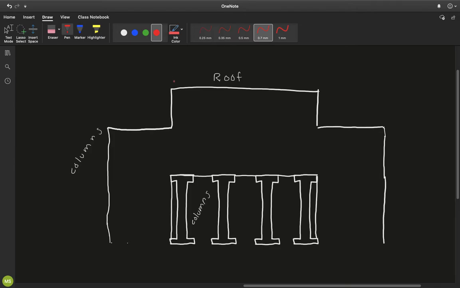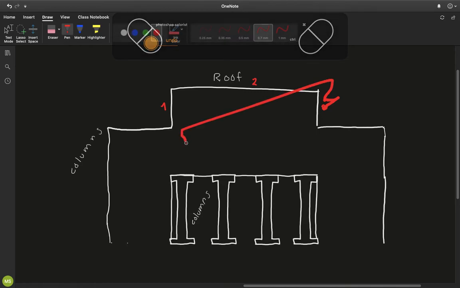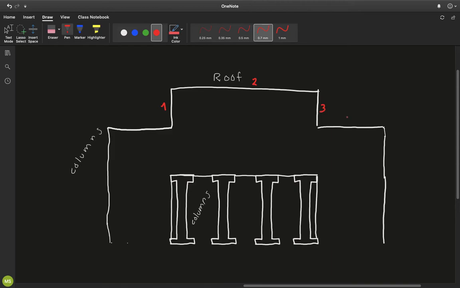So let's say this is element 1, this long one right here is element 2, this one vertical right here is element 3. Oops, little typo. This is element 3, 4, 5, and then 6.